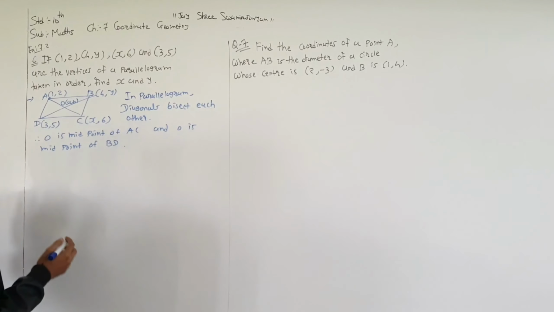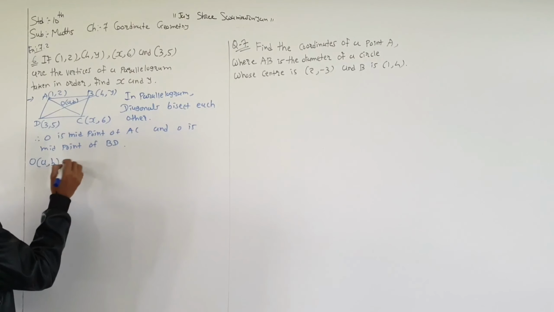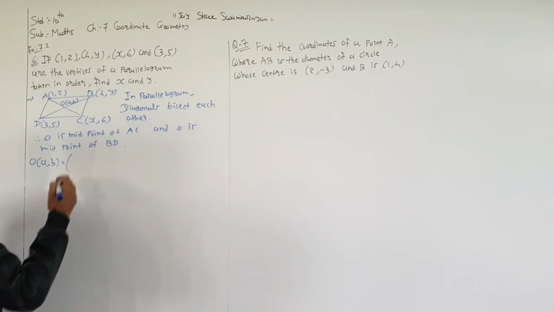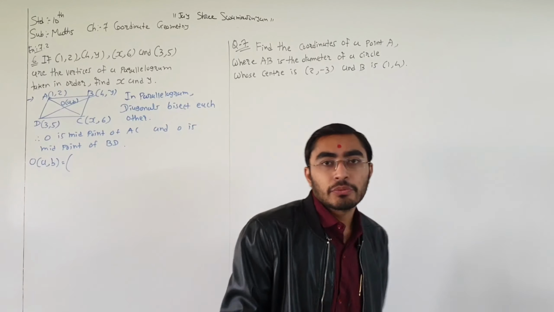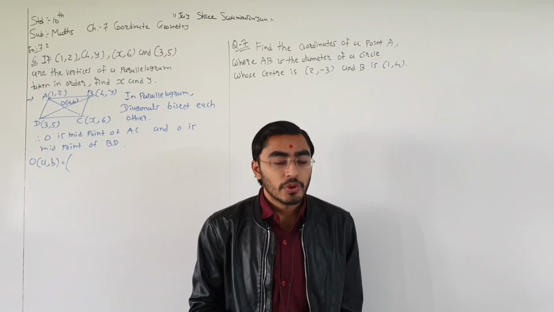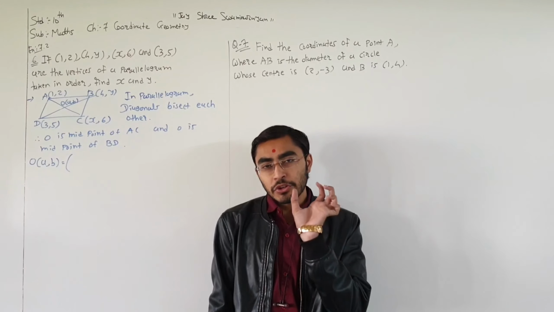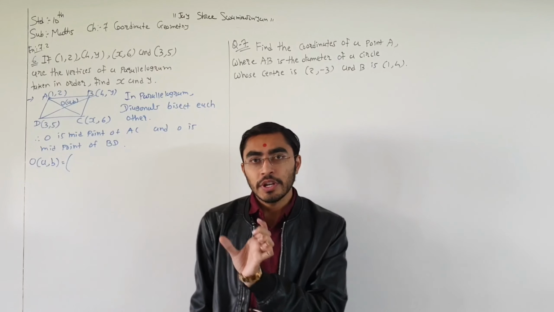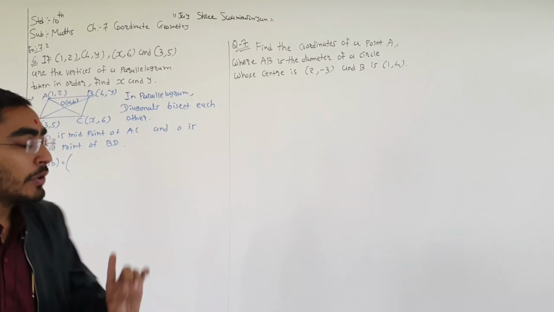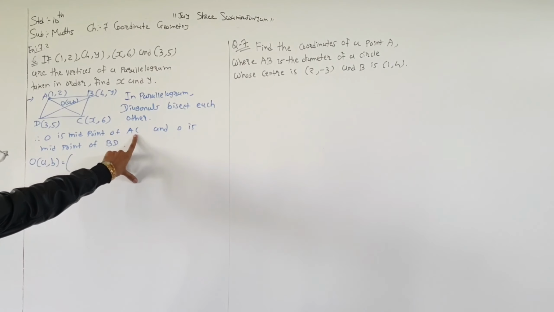Use the midpoint formula. So O is equal to... what is the midpoint formula? (x1 plus x2) divided by 2, (y1 plus y2) divided by 2. That means addition of x coordinates divided by 2, addition of y coordinates divided by 2. Now here first we use that O is the midpoint of AC.